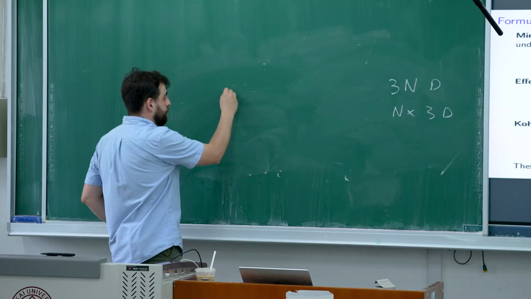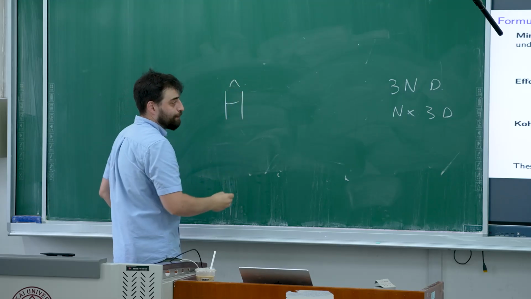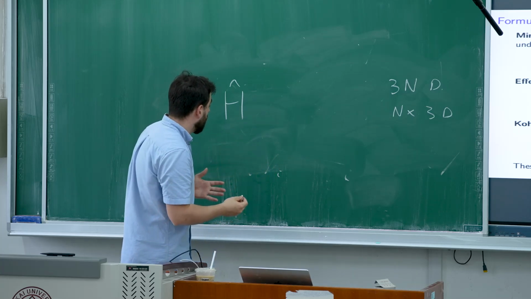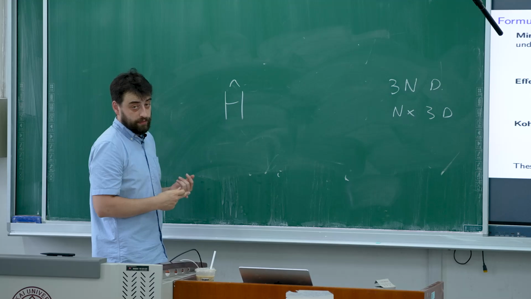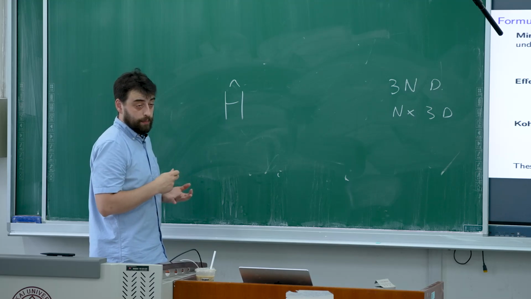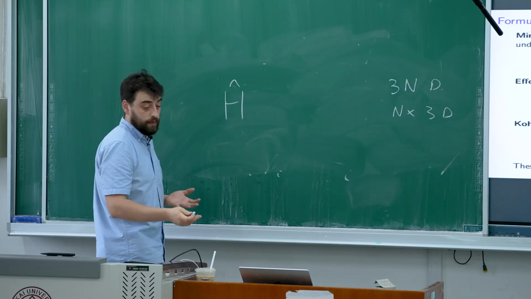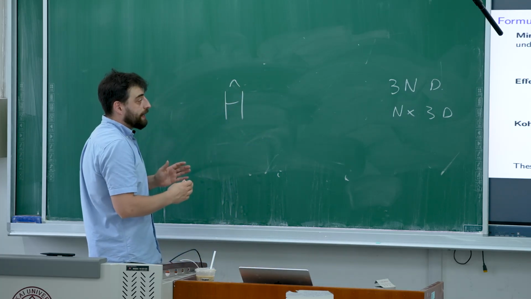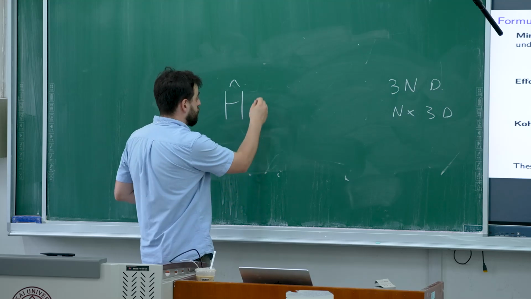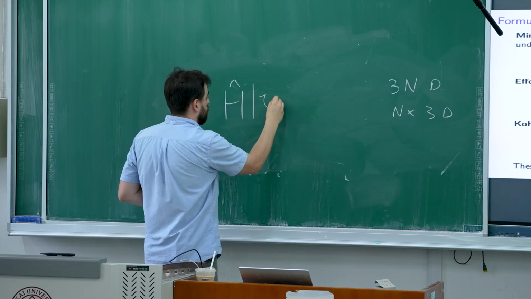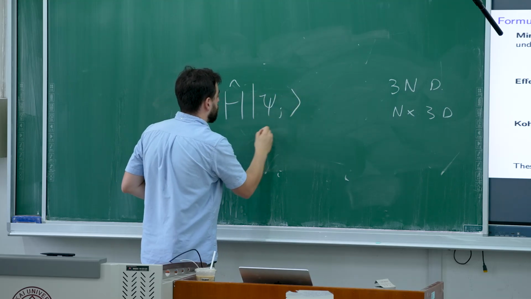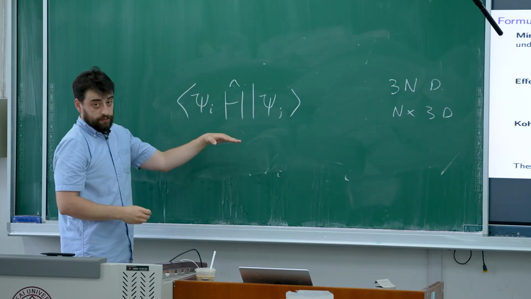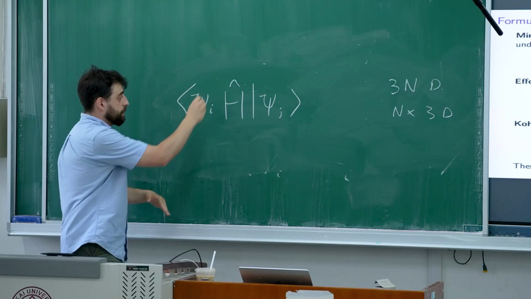So for instance, if I have a Hamiltonian operator, and we know that our Hamiltonian operator is a second derivative term plus our Kohn-Sham effective potential, and we want to apply that to a bunch of states, we're effectively getting our Hamiltonian matrix by doing this.